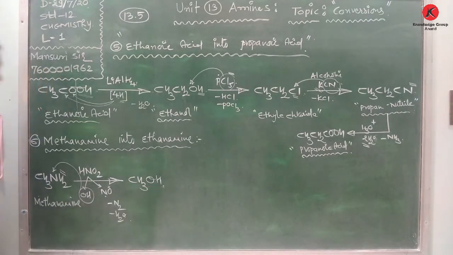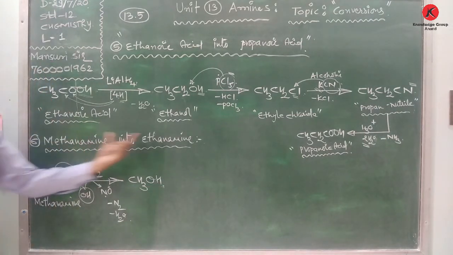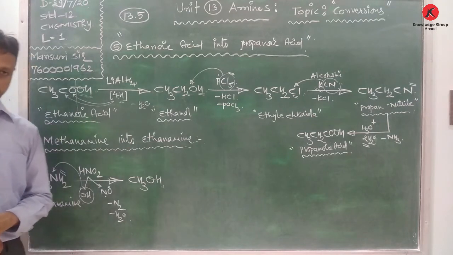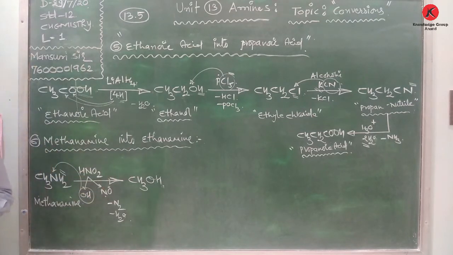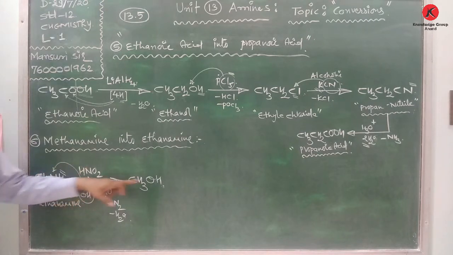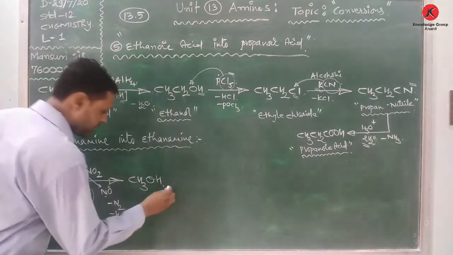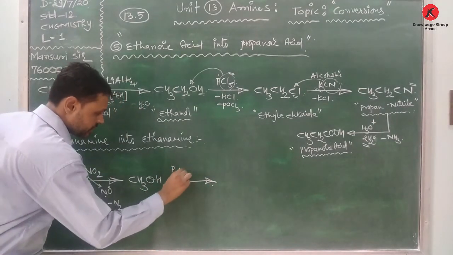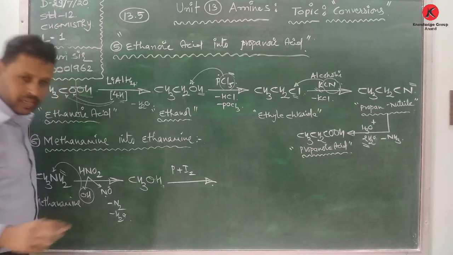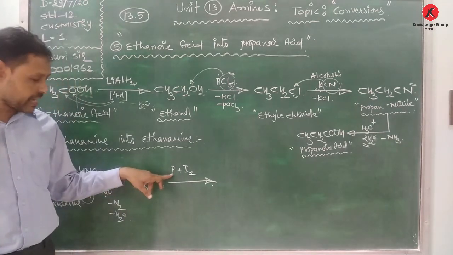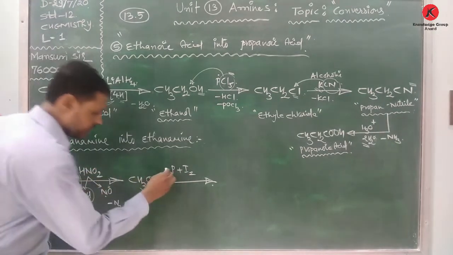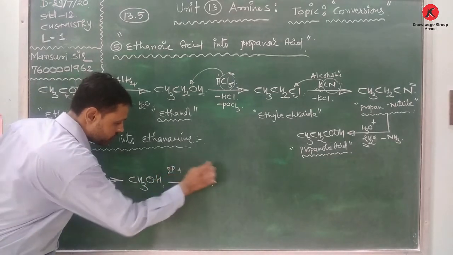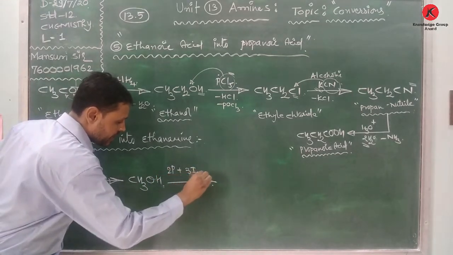Now methanol, we have to take ethanamine, that means here what should we do? Here methanamine is converted into methanol. Now this methanol reacts with phosphorus plus iodine. When 2 phosphorus and 3 iodine mix, here we will put 2P, 3I2.